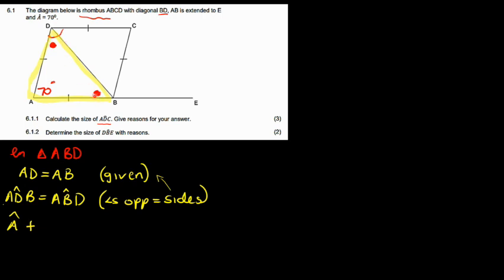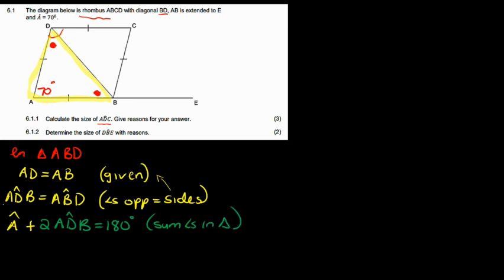So if we add those two, it'd be 2x. So hence if we add these two angles, we get A plus 2 times angle ADB is equal to 180. Reason: sum of angles in a triangle.